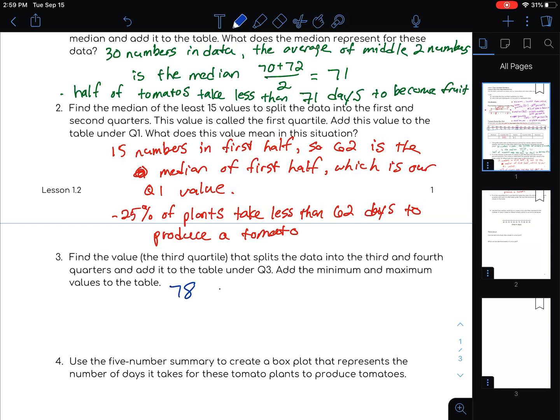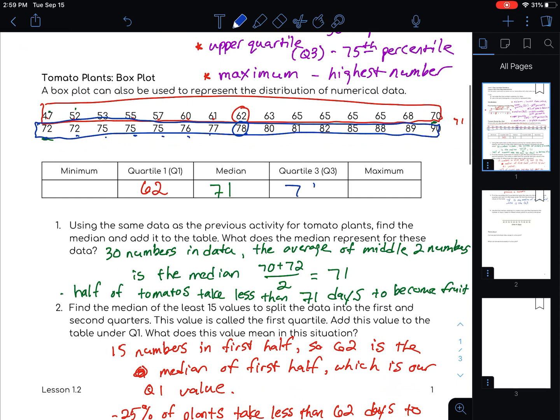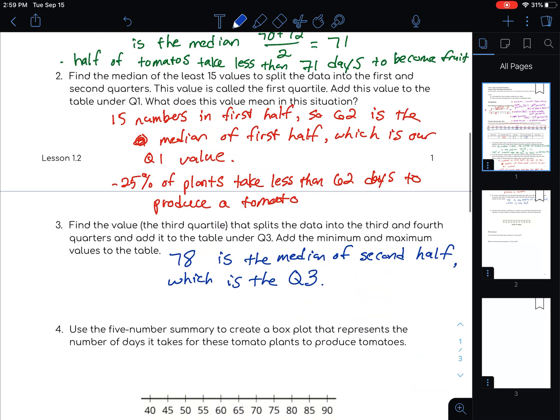So 78 is the median of the second half, which is the Q3 value, the upper quartile.